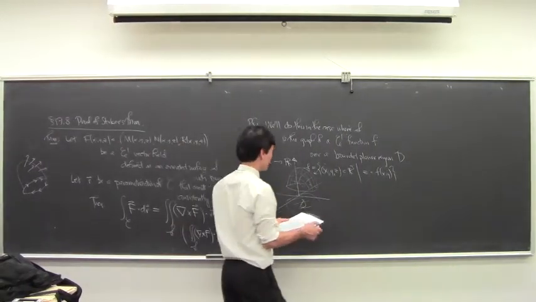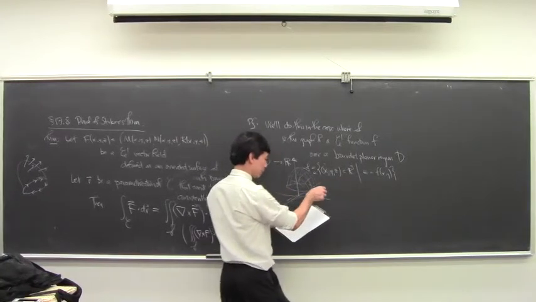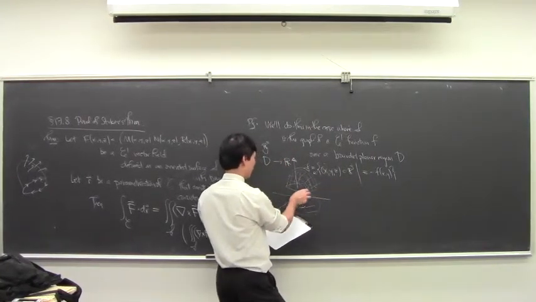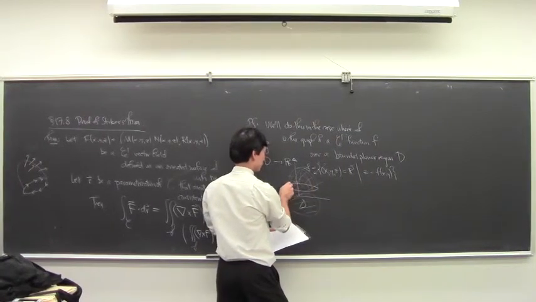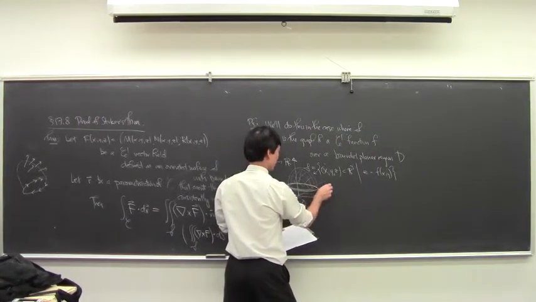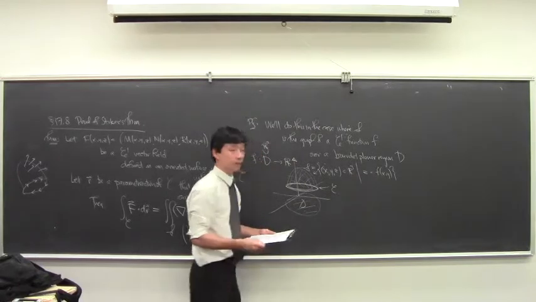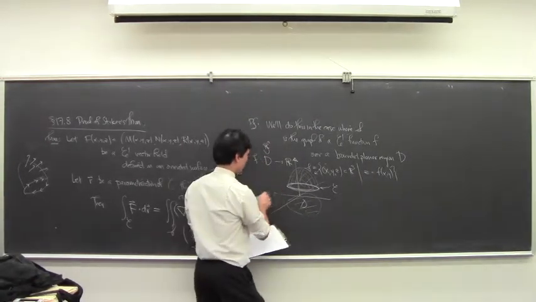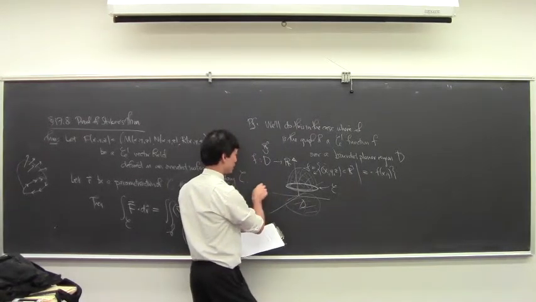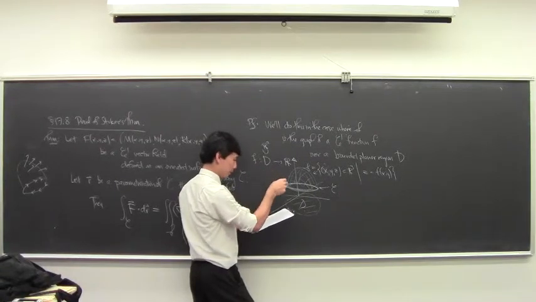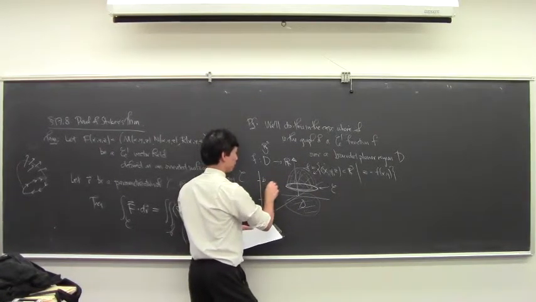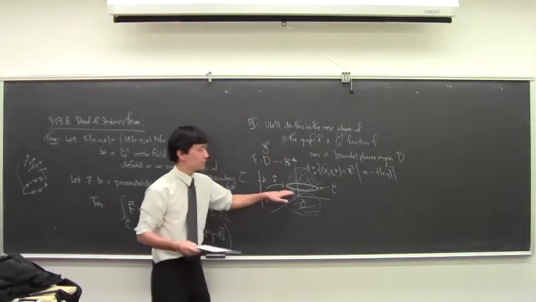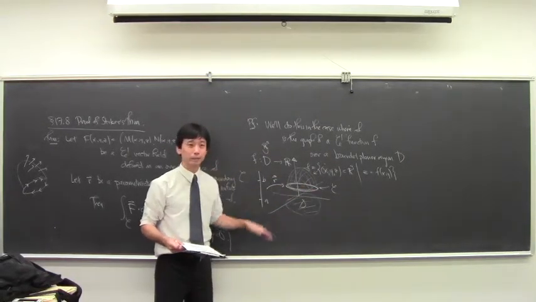And let me put some notation. So r, remember r is a parameterization of this thing. Here's the boundary C, and then we have r is a parameterization. So r goes from [a, b] to this thing, to the boundary.